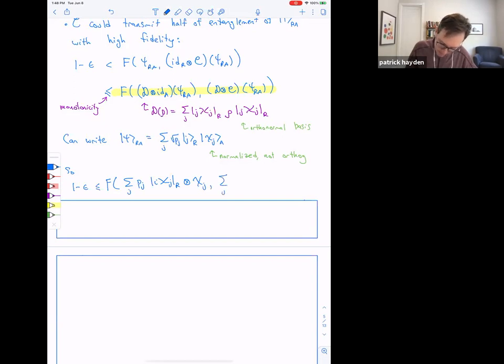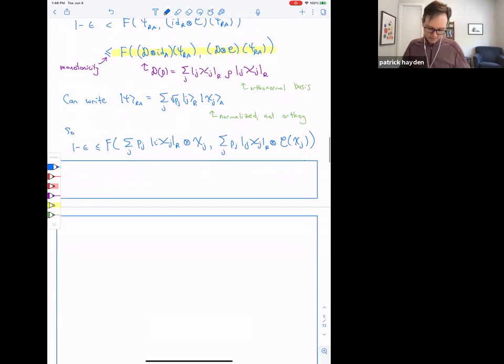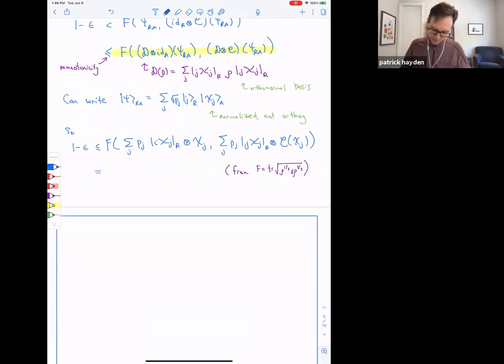Now, on the other side of the fidelity function, it's still going to be a probabilistic mixture over J on the reference system, and then the channel acting on chi j, like that. And so this looks like a beast, but now we can use the formula that I told you about for the fidelity. So it has all these matrix square roots in it.